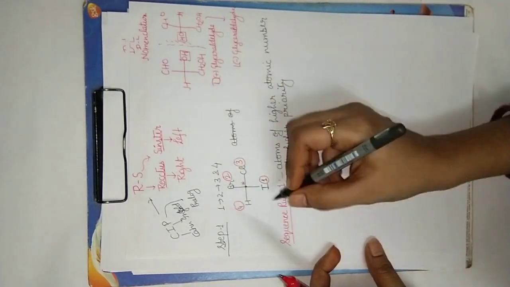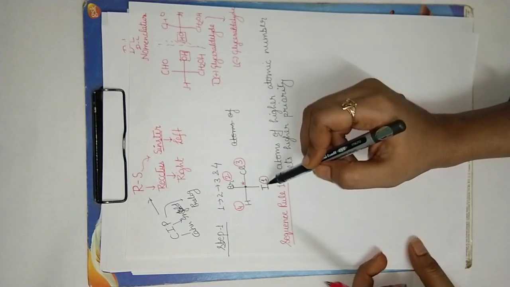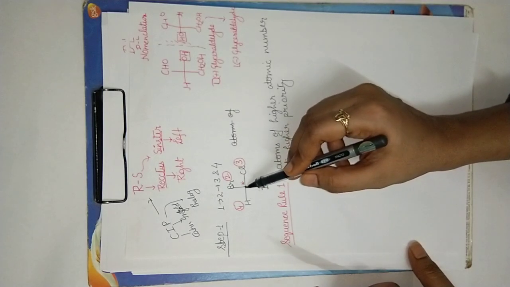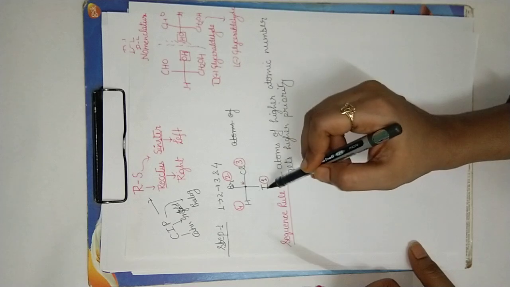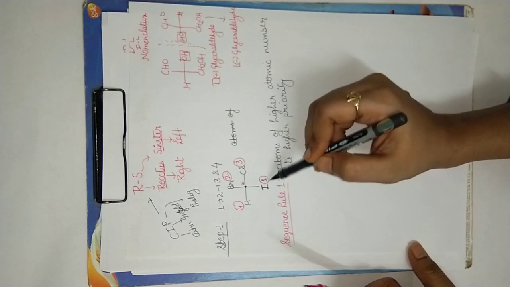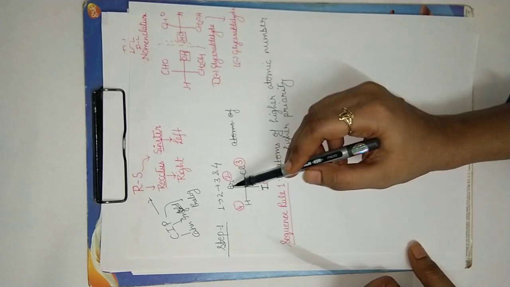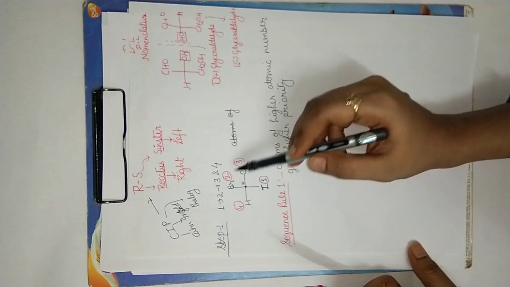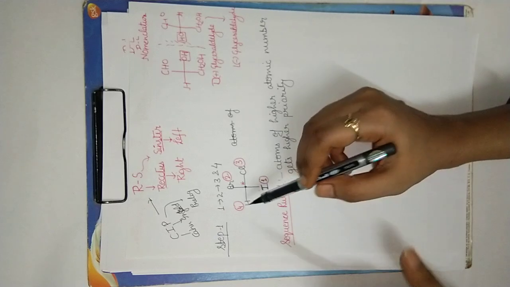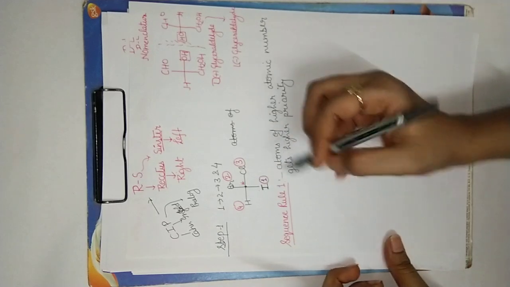This is sequence rule number 1, in which this is the chiral carbon atom. 4 different groups are attached, and the atom having the highest atomic number will get number 1. And after that, Br will get number 2, Cl number 3, and H number 4.